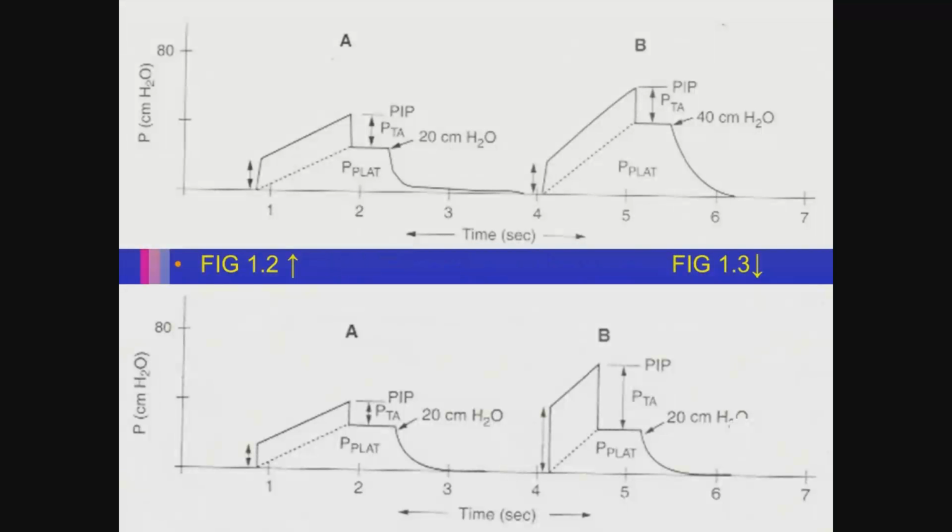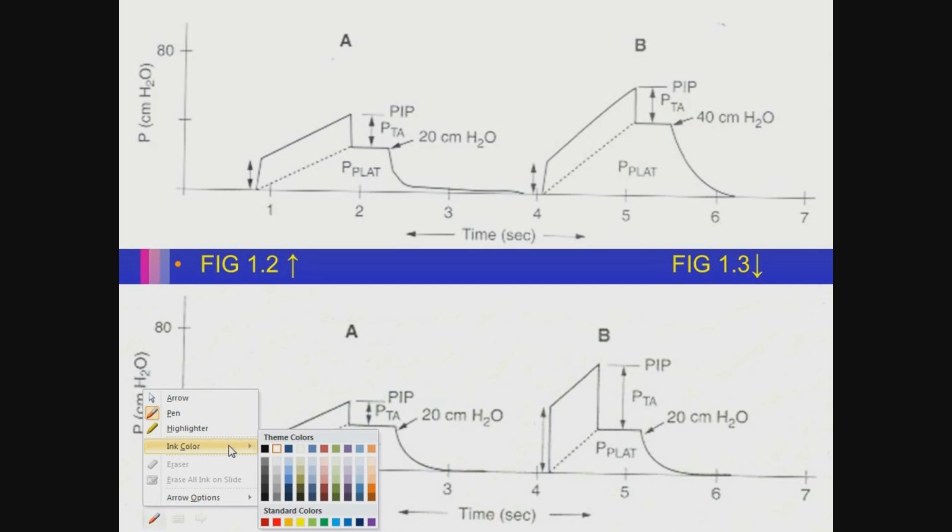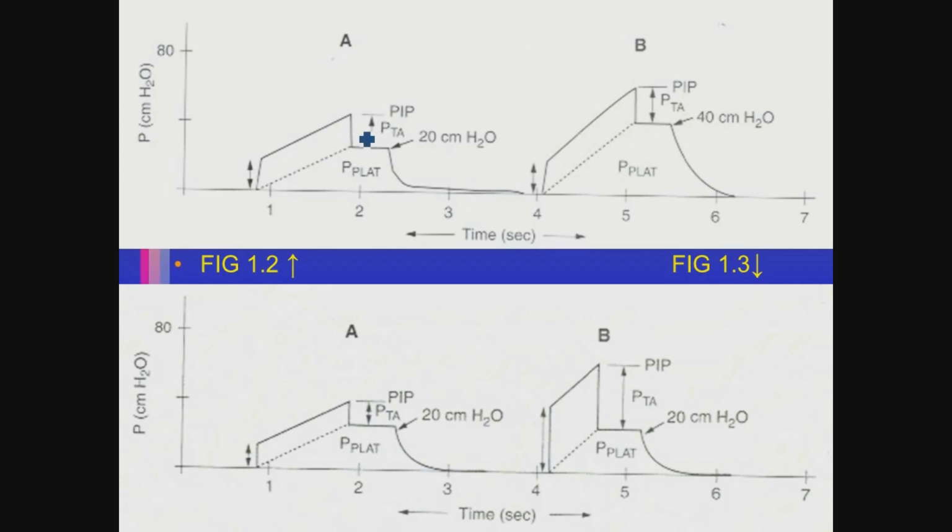So graphically, this is again that kind of picture that I drew for you. But here I have a situation where my peak pressure looks to be, I don't know, about 40, plateau's about 20. Why is there a drop from your peak to your plateau?